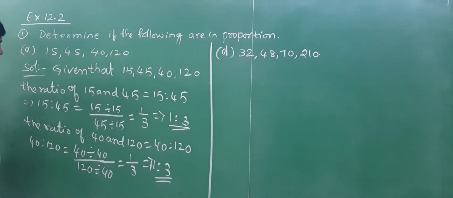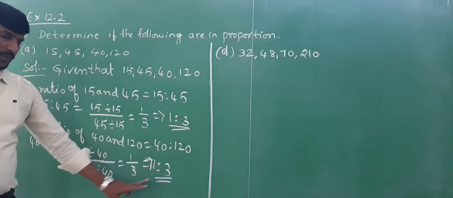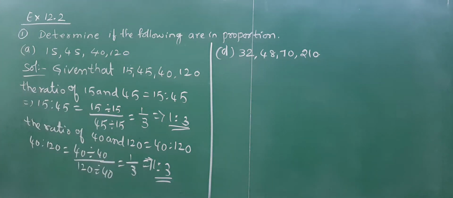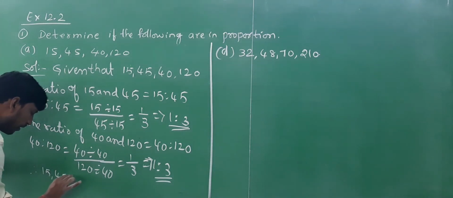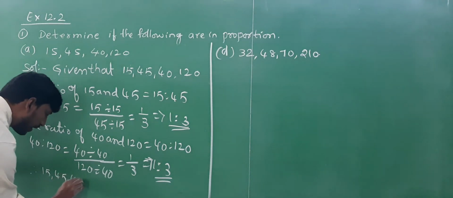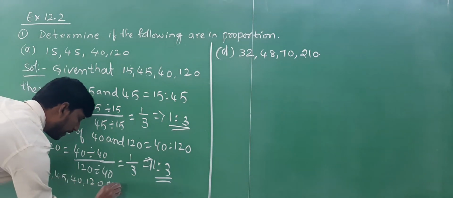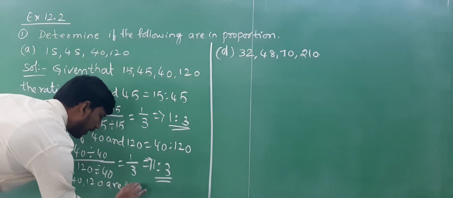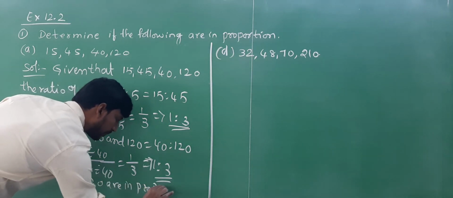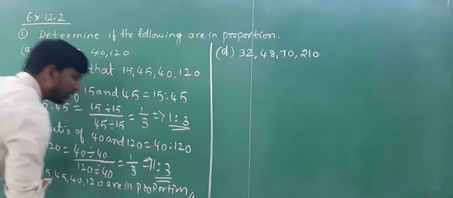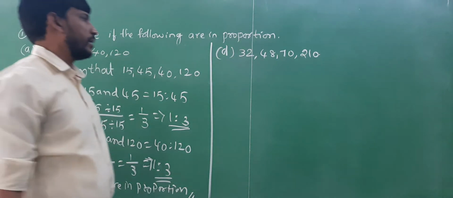The ratio of the first two values is 1:3, and the next two values also gave 1:3. Therefore 15, 45, 40 and 120 are in proportion. Right, children? This is clear?